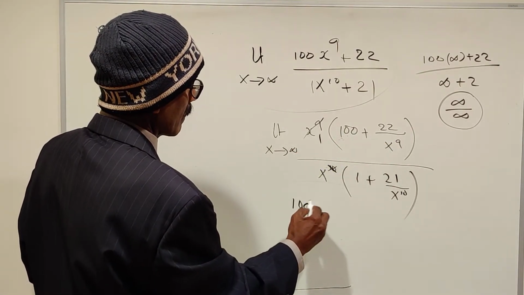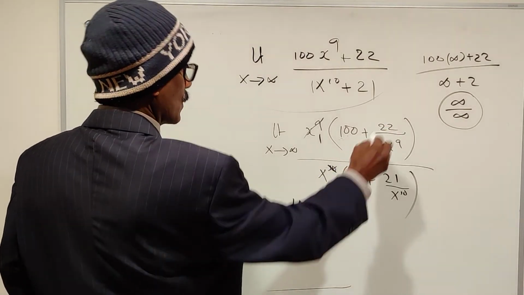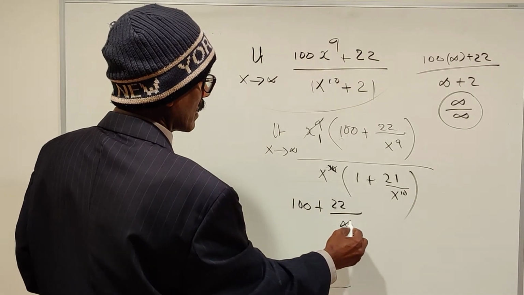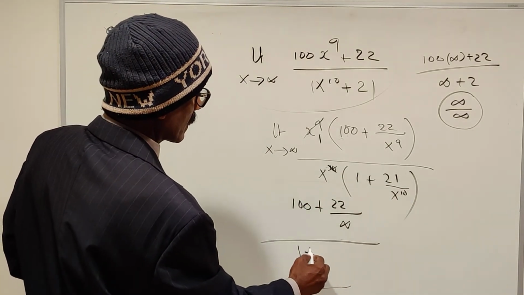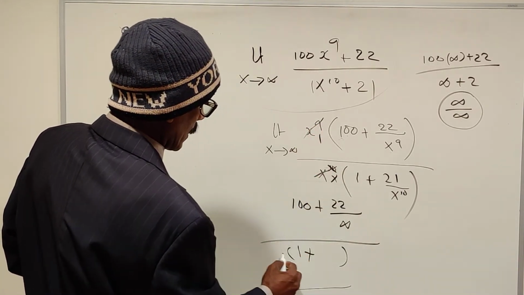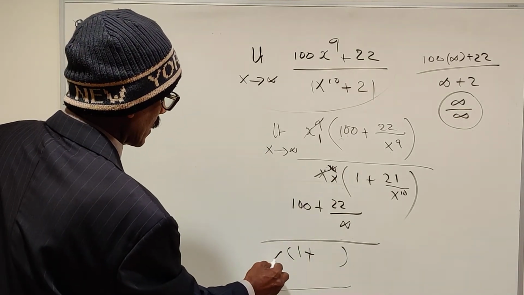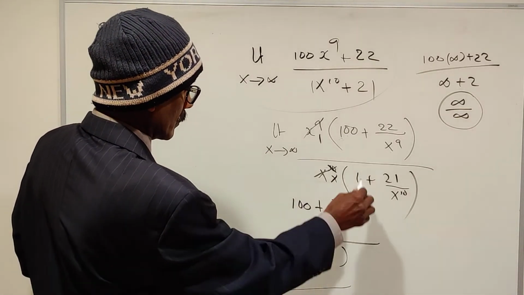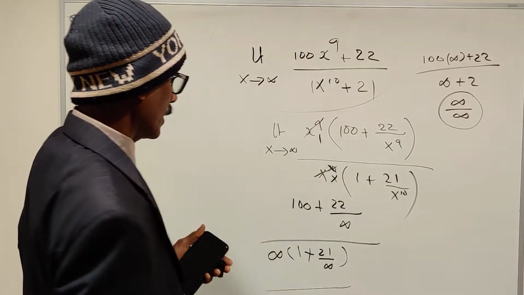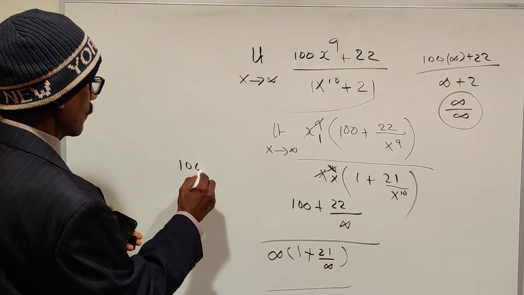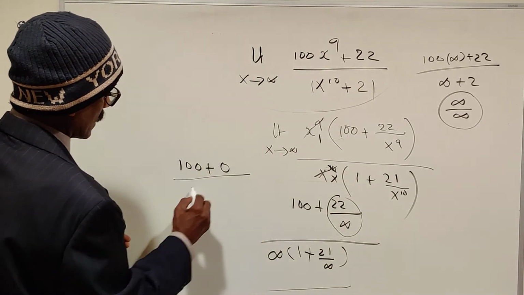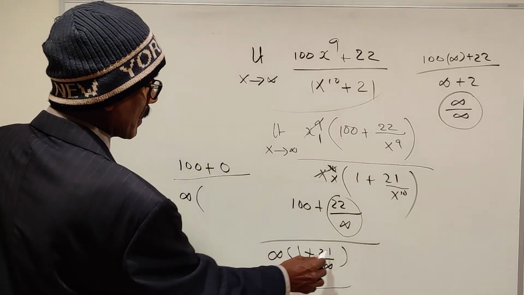So 100 plus 22 by infinite to the power 9, divided by 1 plus 21 by infinite, and x is infinite. So the answer is 100 plus 0, this one is 0, divided by 1 plus 0, times 1 by infinite.